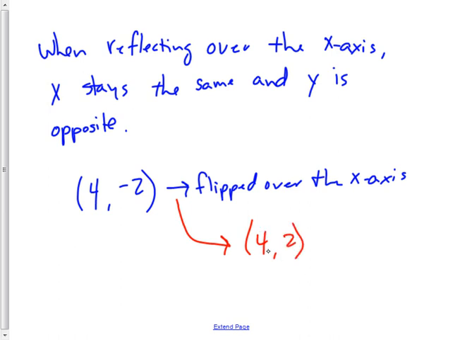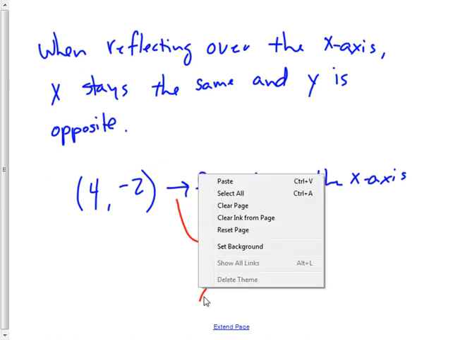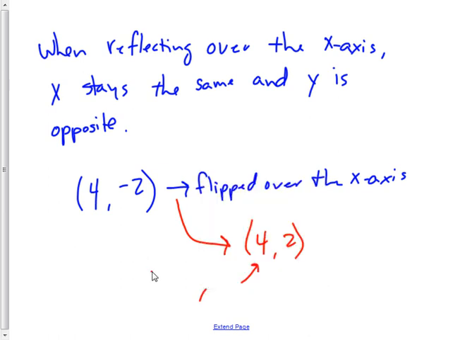X stays the same, Y is opposite, okay? And you can write that here. We can go, X is the same.